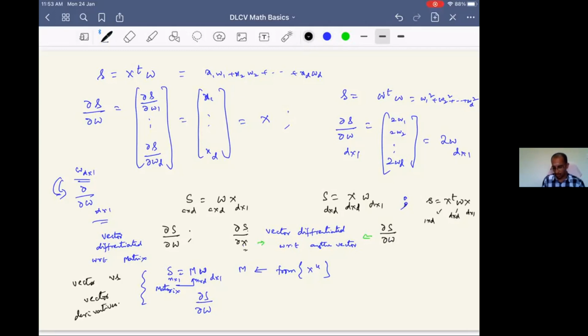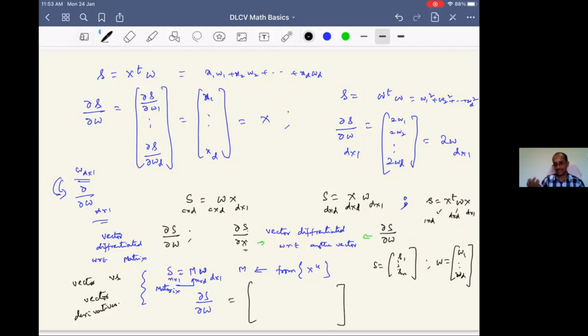So now we have to define this first, right? Since S is a vector, S1 up to Sn it may be, and W is a vector, it may have W1 up to WD. So this is the dimensions given. I have to find these derivatives for each component of S with respect to each component of W, right?